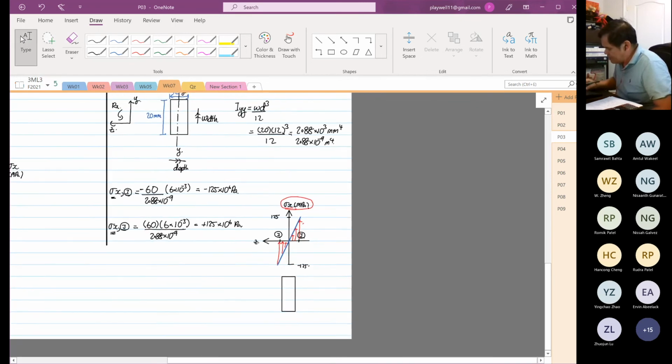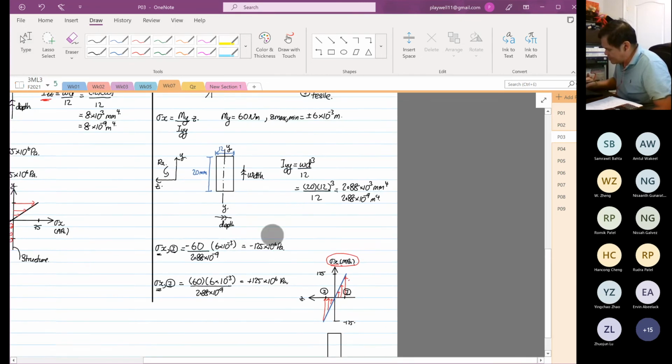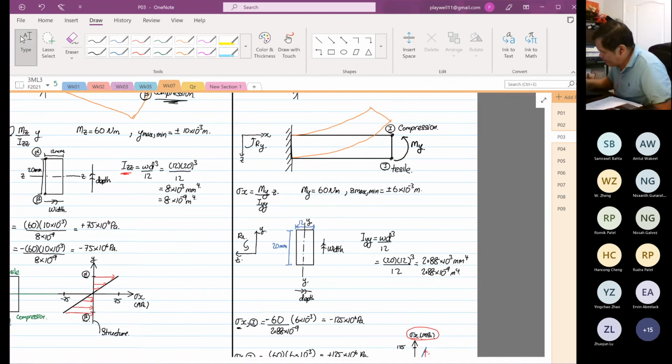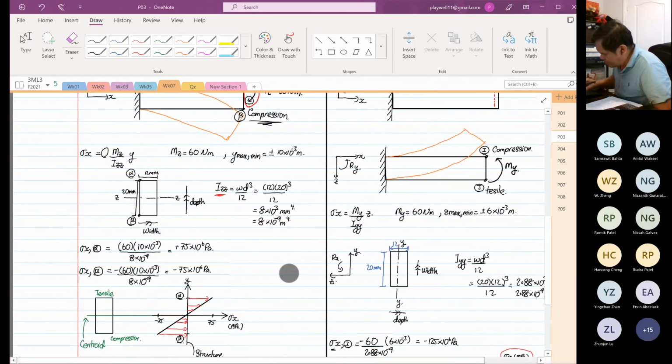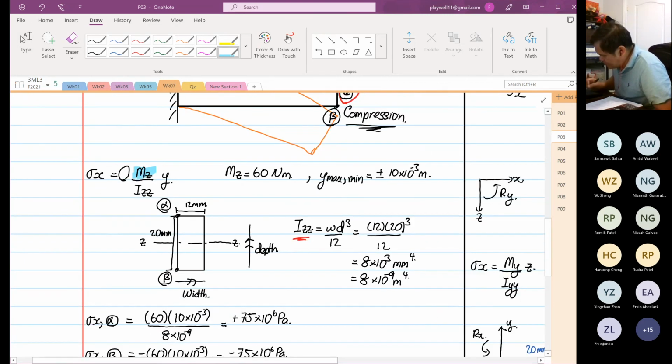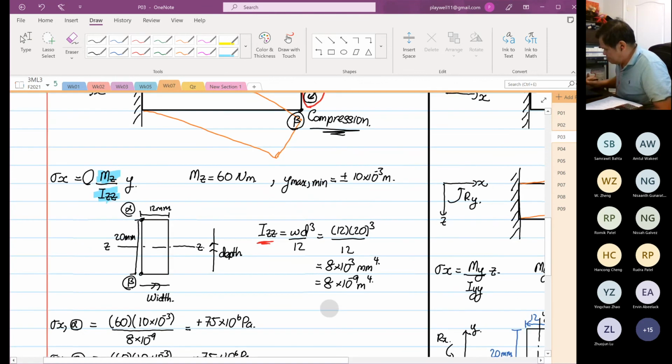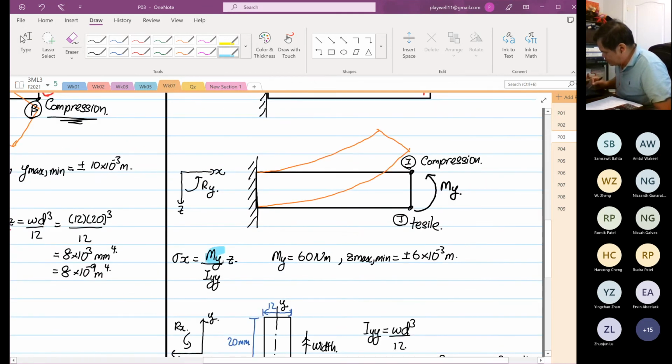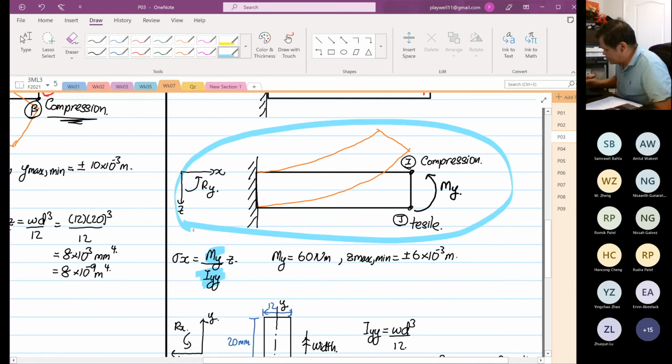The exercise over here is to emphasize this formula. When the moment is in Z, you use IZZ. When the moment is in Y, use IYY, and you need to view in the right orientation, then you can determine what is compression and tension.